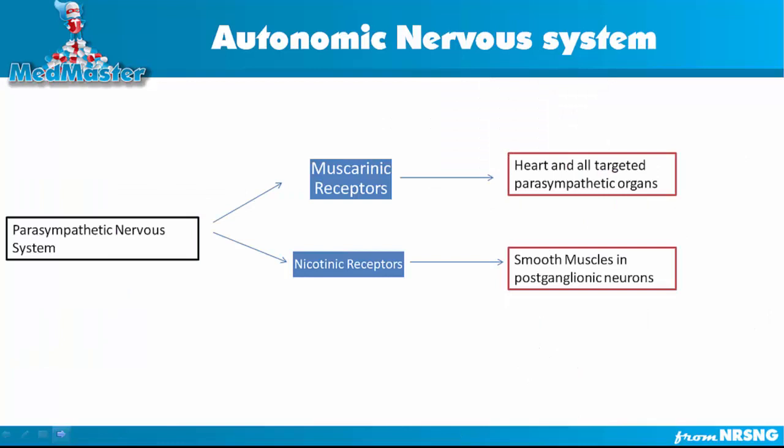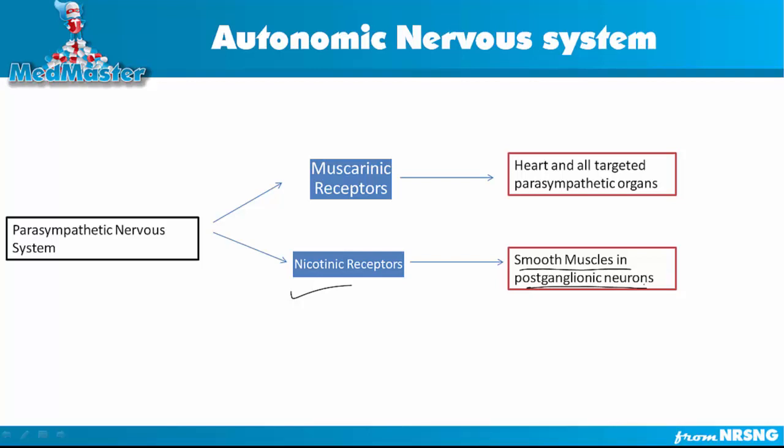Now let's take a look at the receptors. There are only two kinds of receptors: muscarinic and nicotinic receptors. Now here is the thing: nicotinic receptors, you won't find them except in the smooth muscles, in the postganglionic neurons.